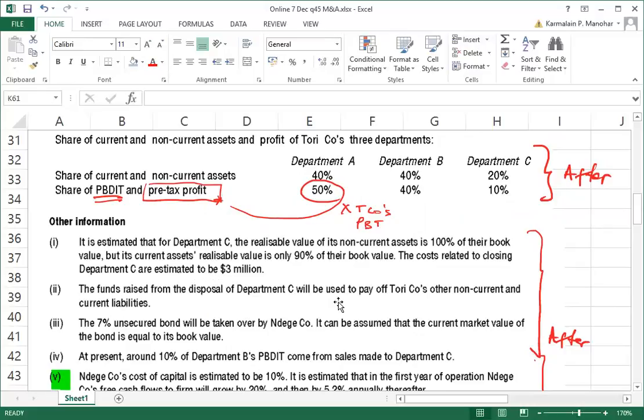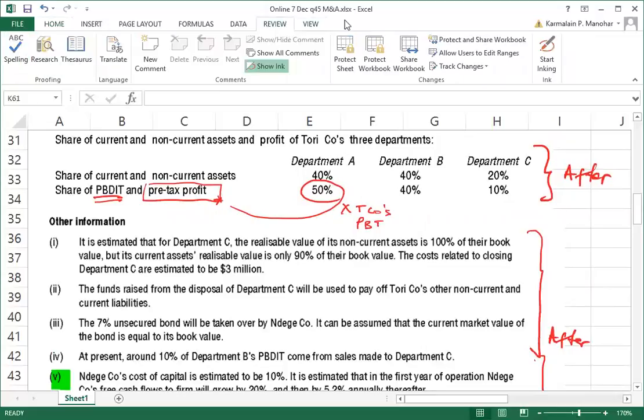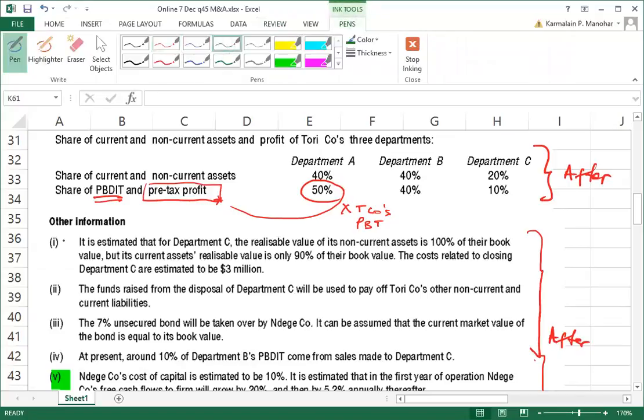And then we'll also have to pay off the other non-current and current liabilities. So go ahead, somebody start working out what these two notes combined together would give me. So these two notes together, 1 and 2, you have to pull these together now and compute the value gained from selling C. Right, so that's where I'm going next.